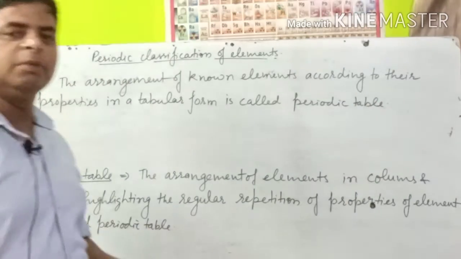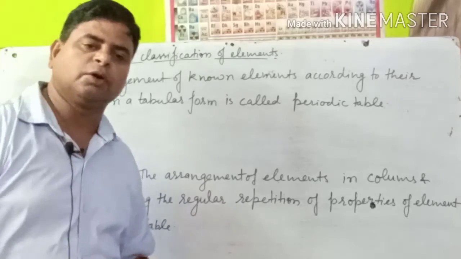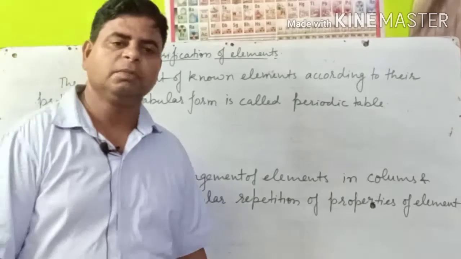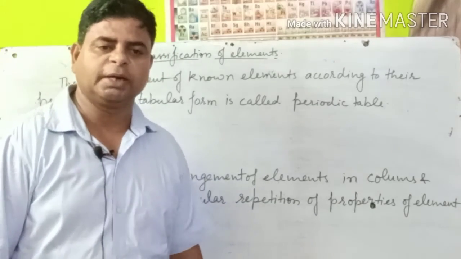So the arrangement of known elements according to their properties in a tabular form is called the periodic table.